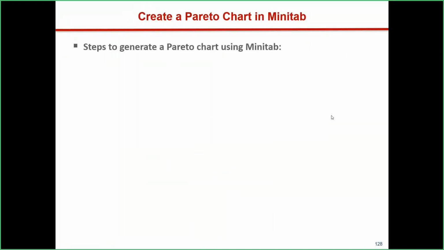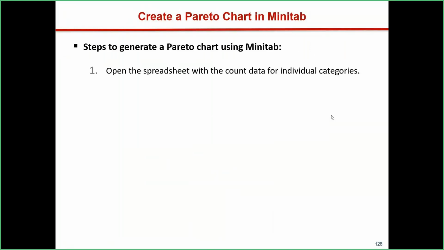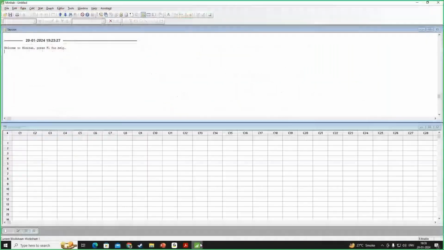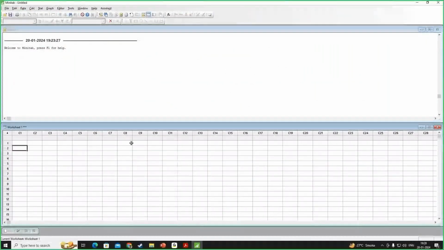Steps to generate a Pareto chart using Minitab. Open a spreadsheet. Okay, so let's do it. Here we will say team and defects. I'm just putting it here, guys. I'll also be sharing sample data so you can practice on different tools.